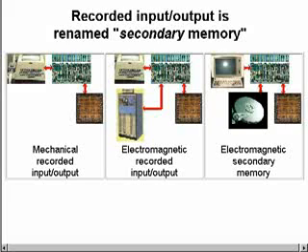Recorded input-output is renamed secondary memory. Von Neumann's idea was very radical in that it said computer programs were basically just another type of information, and so might be stored, transmitted, or even altered in any way we might manipulate the data we process to perform actual jobs. In his day, computer-compatible input and output devices were few and simple.